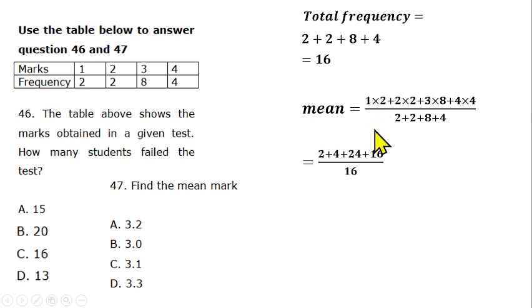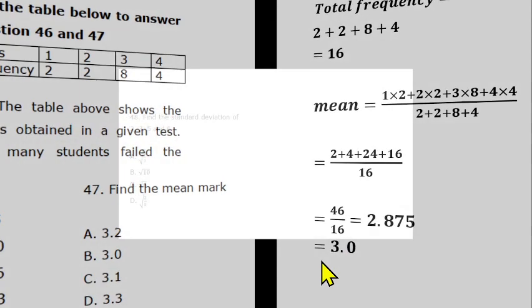If you do that, you have 2 times 1 will be 2, 2 times 2 is 4, 3 times 8 is 24, 4 times 4 is 16, over 16. You add that together, that will be 46 over 16, and that should give us 2.879. If you approximate that, that should give us 3.0 approximately. And option B will be the correct answer for question number 47.